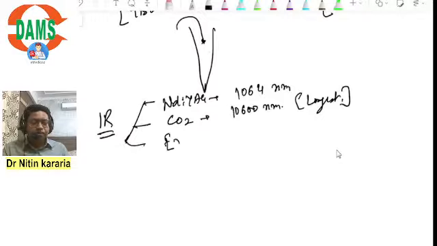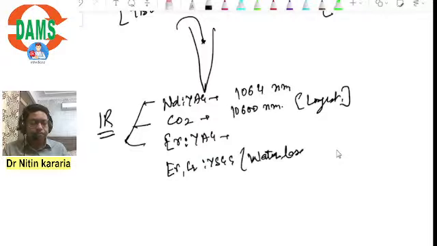We have two erbium lasers, erbium YAG and erbium chromium YSGG, which is also called the water laser. The respective wavelengths are 2940 nanometers and 2790 nanometers.